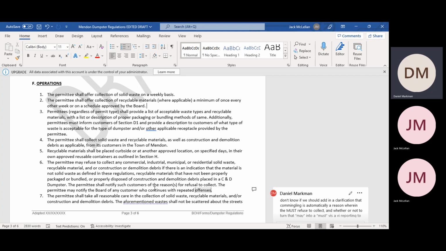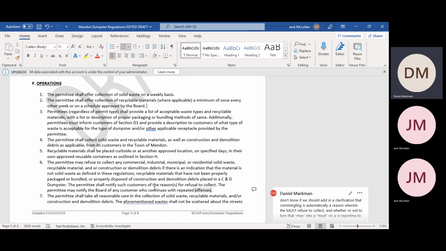The subsequent sections give you the authority to dictate how those businesses operate. Section F gives you the authority to dictate the manner in which they haul. Section H gives you the authority to dictate the actual physical structure that they are hauling.